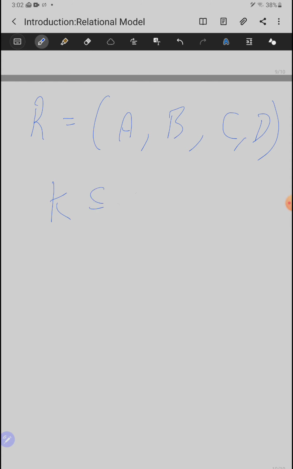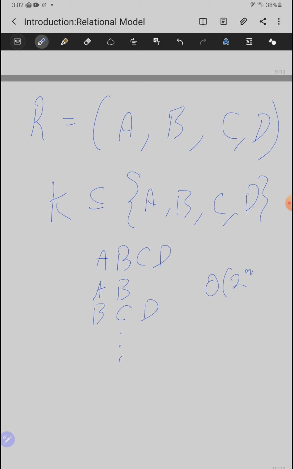K is a subset of the set A, B, C, D. So K could be A, B, C, D, it could be A, B, it could be B, C, D, etc. Okay, so there's on the order of 2 to the n possible keys, where n is the number of attributes. Okay, I'll let you work out the exact value.